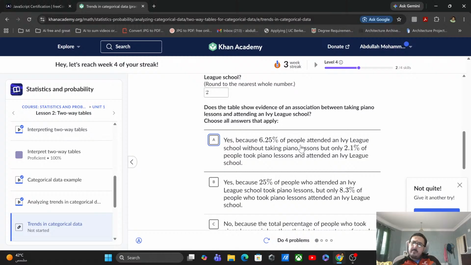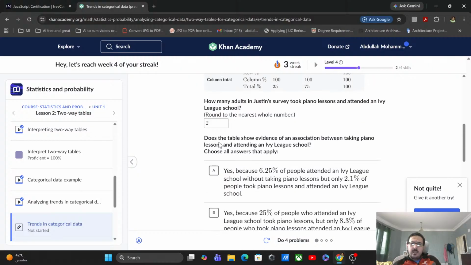Yes, because taking piano lessons at only 2.1%, and took piano lessons and attended an Ivy school. Does the table show evidence of an association between taking piano lessons and attending an Ivy League school?